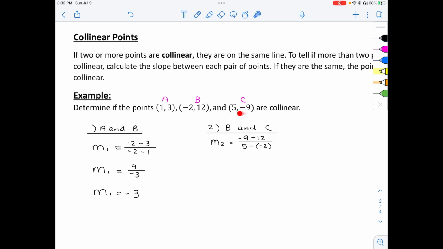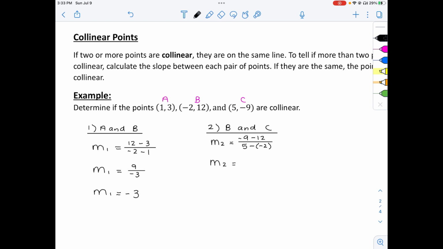Here I was using C as my second point and B as my first point. So I have -9 subtract 12, that's fine. But then here, this is a positive 5 subtract, and in this case the x in my B coordinate is -2, so I'm subtracting -2. It's important to make sure you put both of those negative signs there, if there is one, so that you calculate correctly. So on the top, I'm going to simplify.